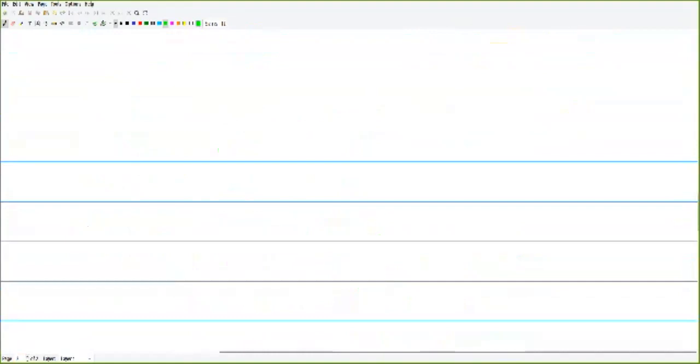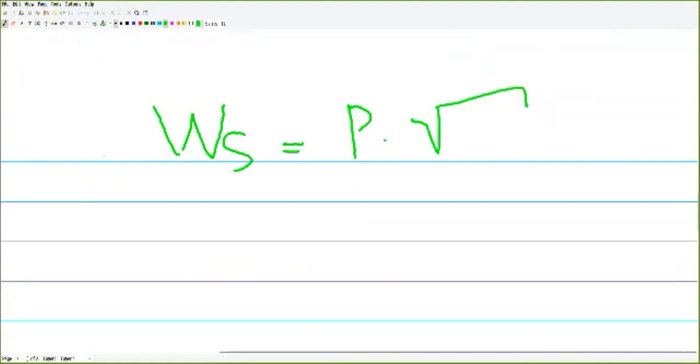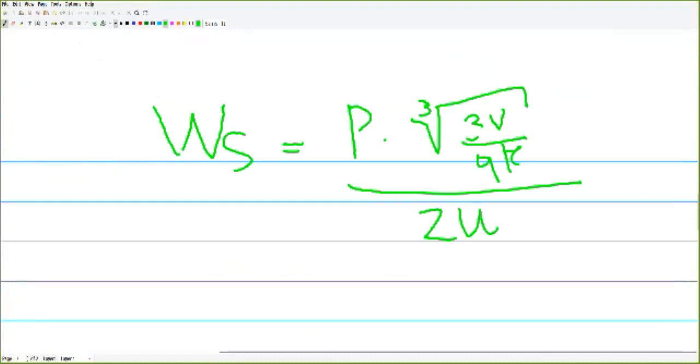So we get that the wall stress is equal to P, pressure, times R, which is the cubic root of 3V over 4 pi, divided by 2W.